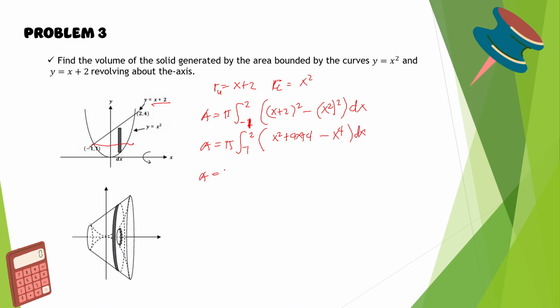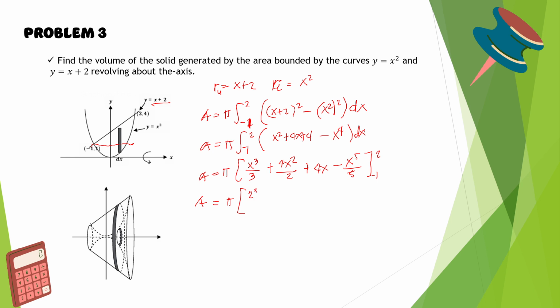So the area is equal to pi. We now need to take the integral. So this is x cubed over 3 plus 4x squared over 2 plus 4x minus x raised to 5 over 5, from negative 1 to 2. We have to substitute.